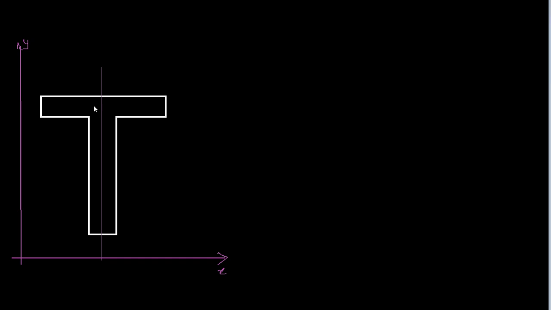Now you can see this shape is divided into two equal parts by a line drawn parallel to the y-axis, and therefore the x coordinate of the centroid is fixed, which is this distance. So this is your x bar, and because this is an area, a two-dimensional case, you only need to find two coordinates. You need to find your y bar, and that y bar will be lying somewhere on this line.